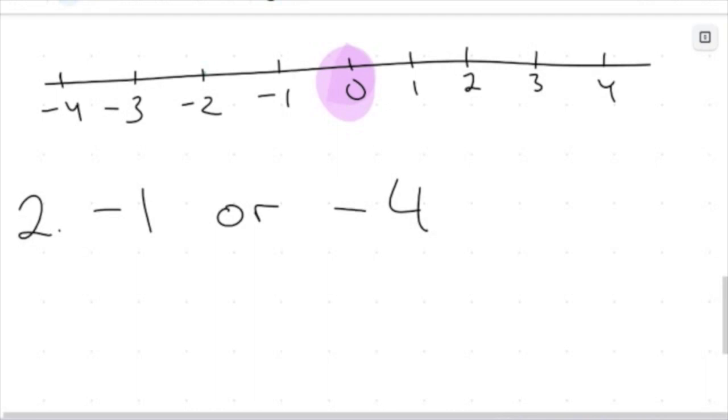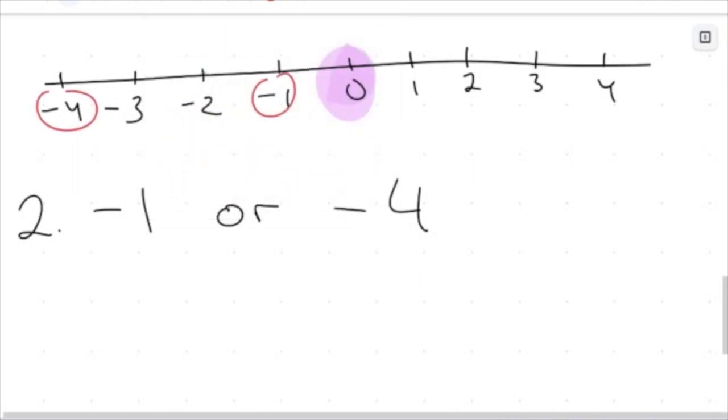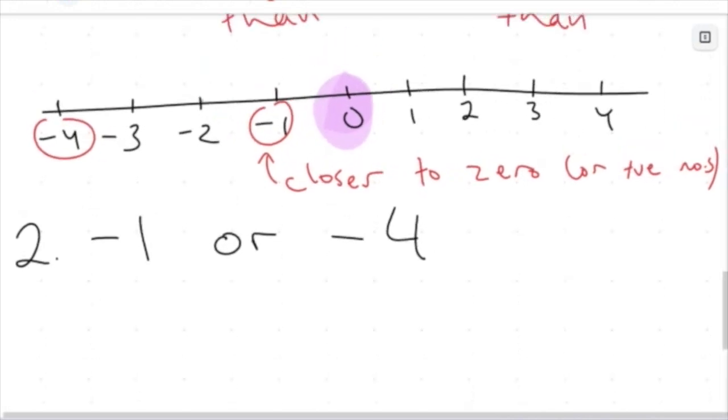That's another way you can think of these negative numbers, is that your -1, for example, compared to -4, your -1 is closer to 0, or the positive numbers. And this means it's close to being a positive number. It's close to being a bigger number because positive numbers are bigger than negative numbers. So we can think of it this way.